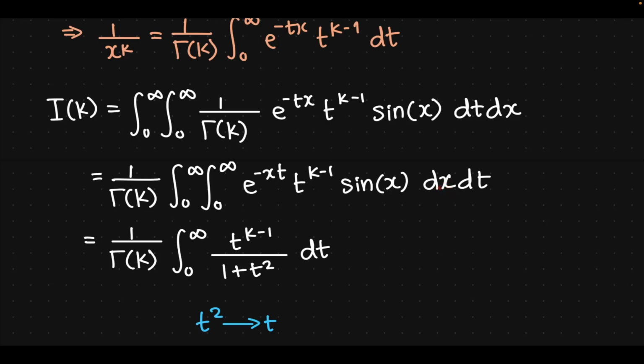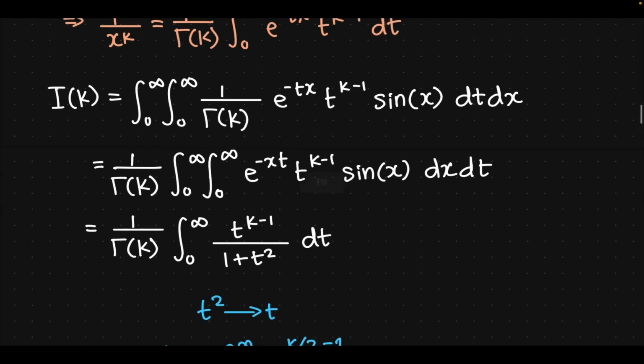And we can do that because it's e to the minus xt times sine of x dx, which is precisely the Laplace transform of sine of x. Now you can prove that by doing the integration explicitly, that you actually get 1 over 1 plus t squared, which is the Laplace transform of sine of x from x to t.